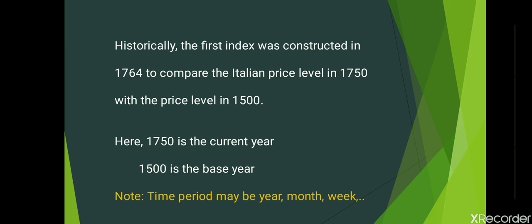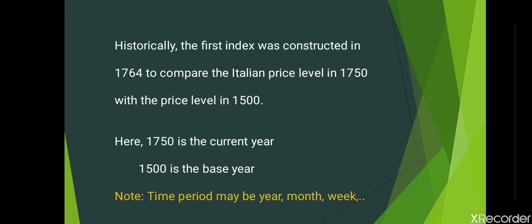Therefore, the year 1750 is called current year. And this year was compared with the year 1500. Therefore, the year 1500 is called base year. Here, time is represented by year and two different years are taken for comparison.